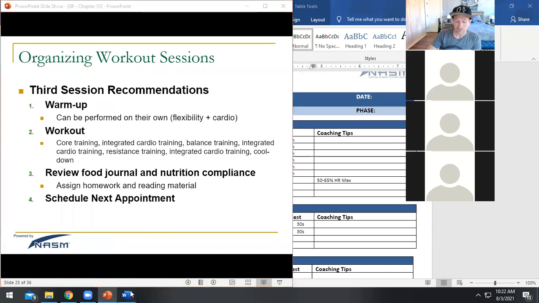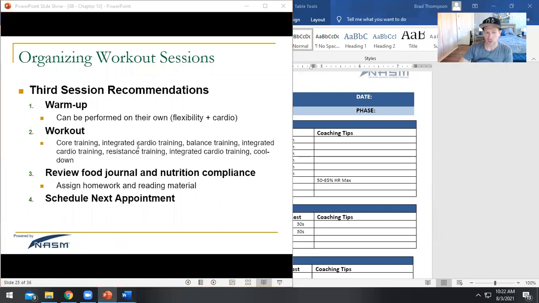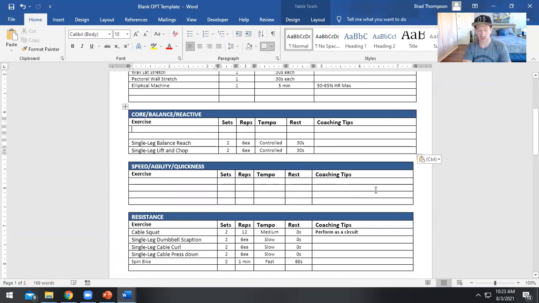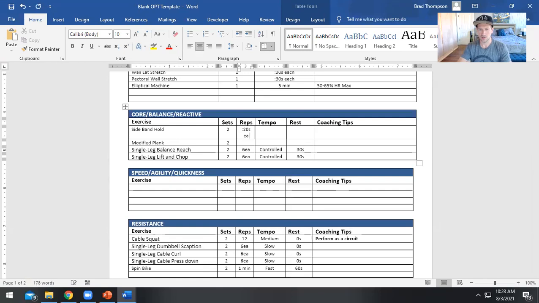So now, as we sort of combine this together, right, we go through this version here, and then we had our core stuff, which was the side band hold and the modified plank, 2 sets, 20 seconds each.